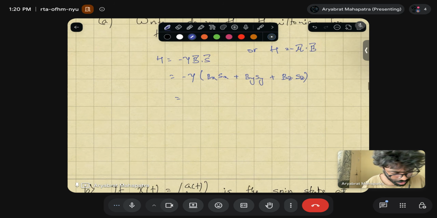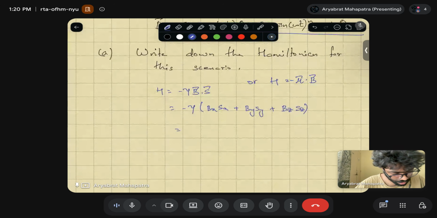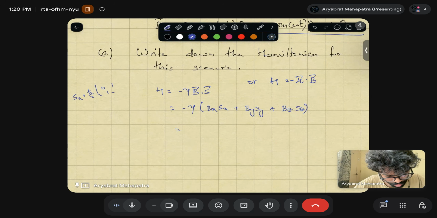Again, if you remember your Pauli matrices, Sx can be written as h bar by 2 times the matrix 0 1, 1 0. Sy is h bar by 2 times 0 minus i, i 0, and Sz is h bar by 2 times 1 0, 0 minus 1.